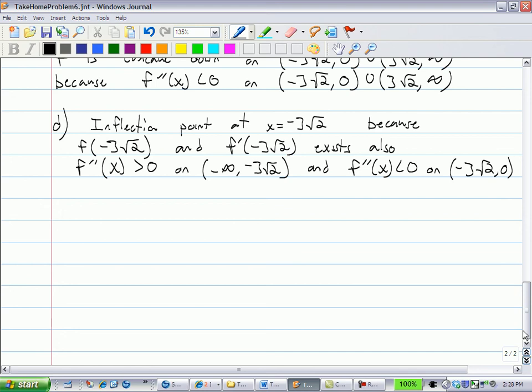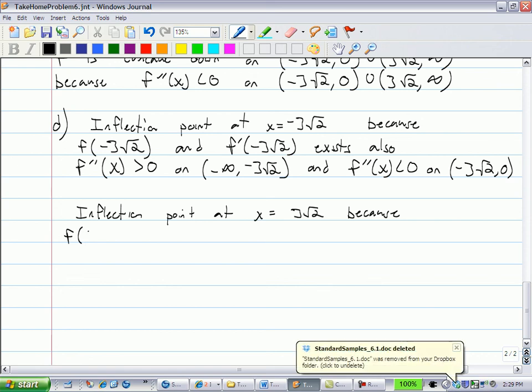So as you guys pack up, I'm just going to continue writing out because there is one more inflection point. Is it 3 root 2? F prime of 3 root 2 exists.